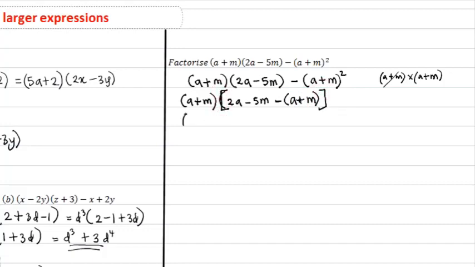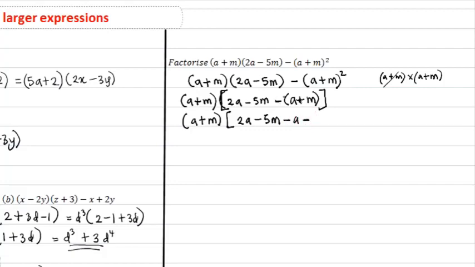So it's going to be a plus m bracket 2a minus 5m. This one is like there's a 1 here, so minus 1 times a is still minus a. Minus times plus is minus.